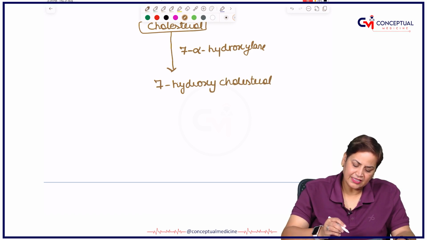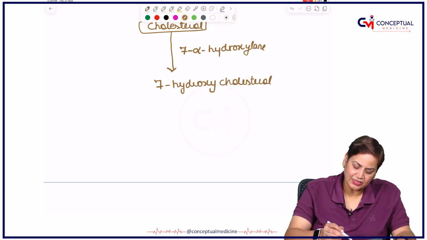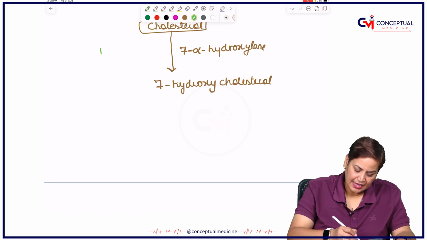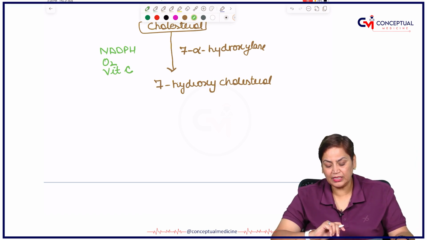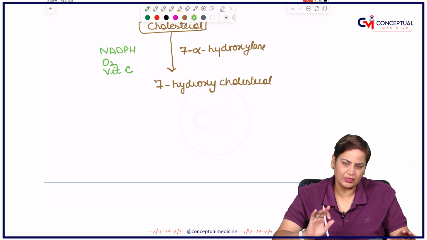And this 7-alpha-hydroxylase consists of NADPH, oxygen, and vitamin C. These are the three main components of 7-alpha-hydroxylase.